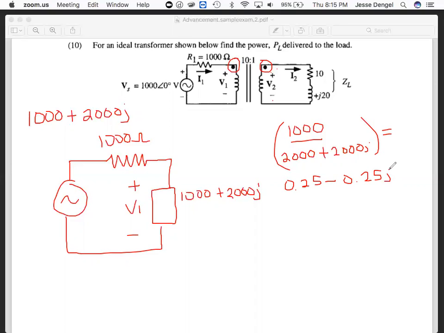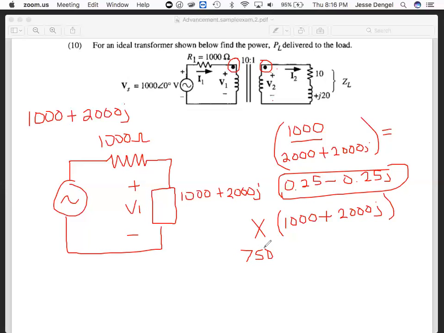And then I multiply this value right here times 1,000 plus 2,000J to get my voltage, which is 750 plus 250I.